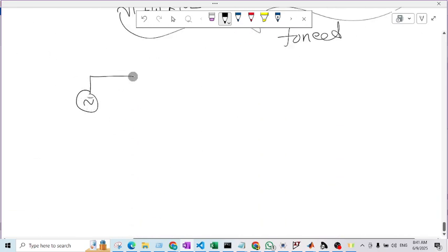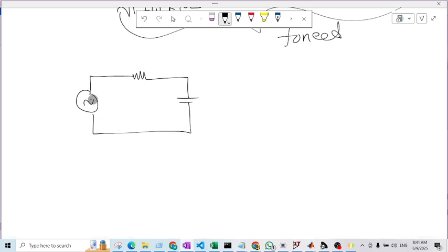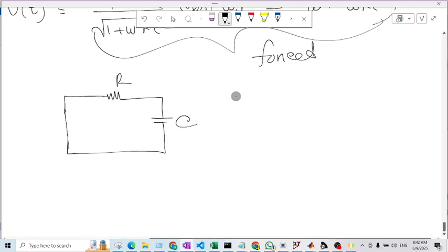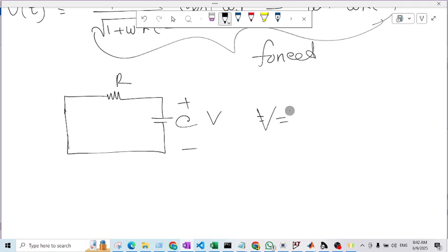To shut down this voltage source, we need to simply make a short circuit here. And if you learned DC circuits, you know that the voltage is V naught, the initial voltage, then e to the power minus t by RC, right?